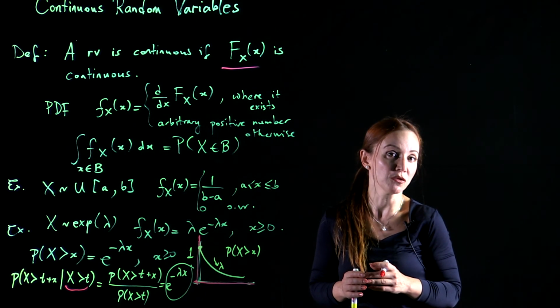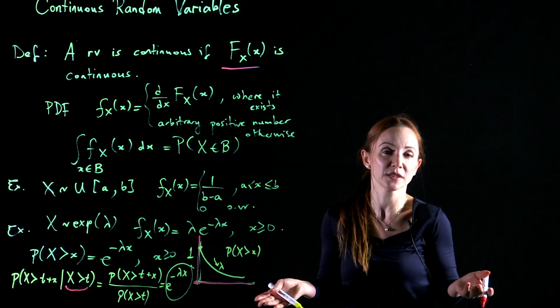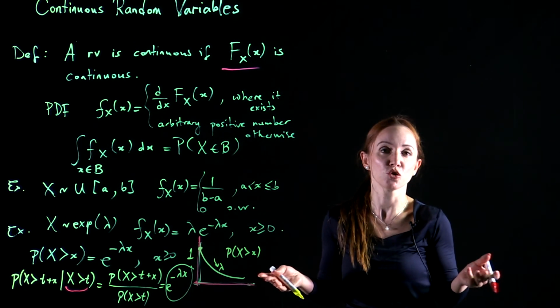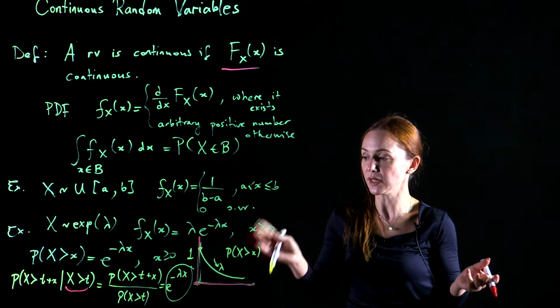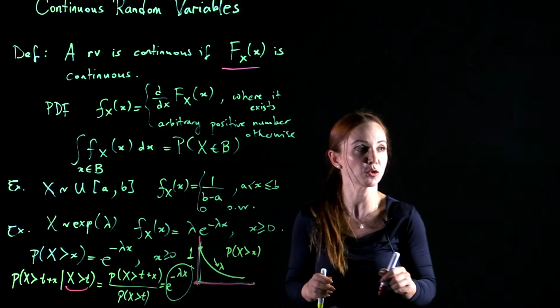The distribution of the extra amount of time you will wait is still exponential with rate 1/10, so it doesn't really matter. That is the memorylessness of the exponential distribution.